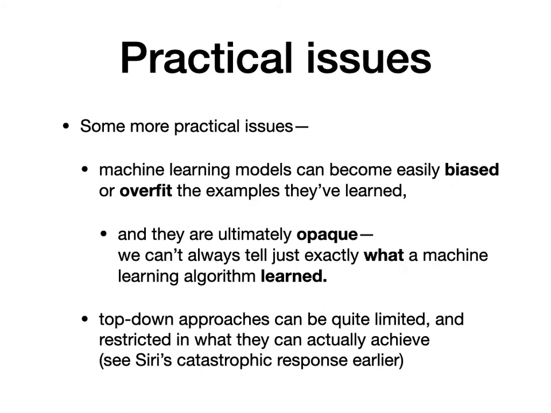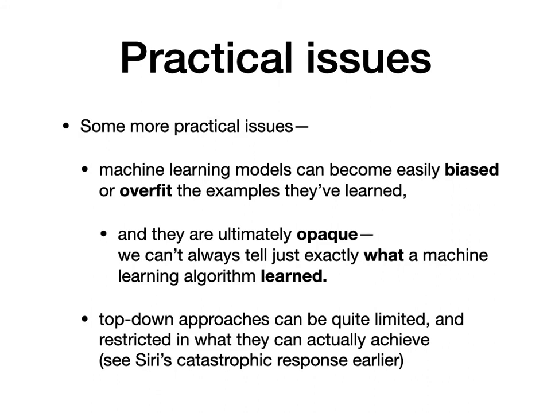So machine learning models can really become biased pretty easily by whatever data they are fed. And they can overfit the examples they've learned from. Those are kind of the same thing. There is a way of biasing the system based on what data it has absorbed, right? And worse than the fact that they can become biased, and the compounding issue with them, is that they're opaque. A machine learning algorithm has learned a whole bunch of numbers that it multiplies different inputs and outputs by to come up with its answer.